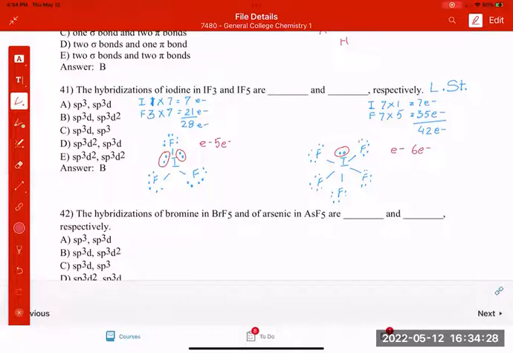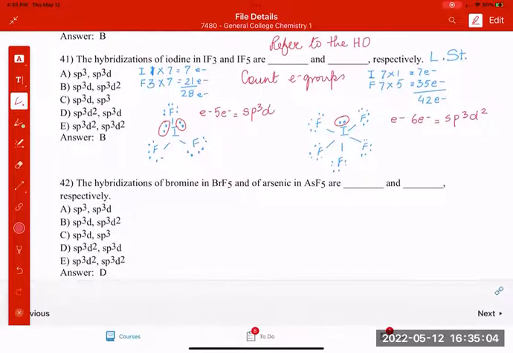So 5 electron groups relate to sp3d, 4 plus 1 is 5, and 6 electron groups relate to sp3d2. Here you can refer to the handout in case you don't remember. So just count the electron groups. All right, guys.